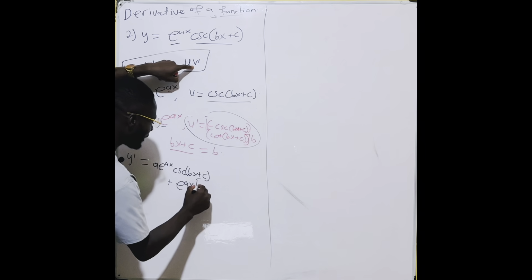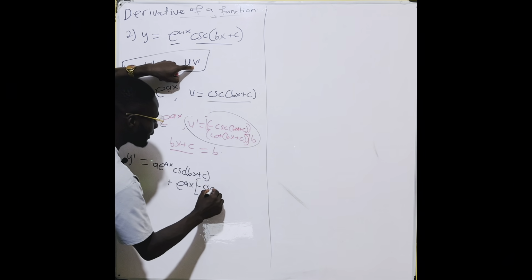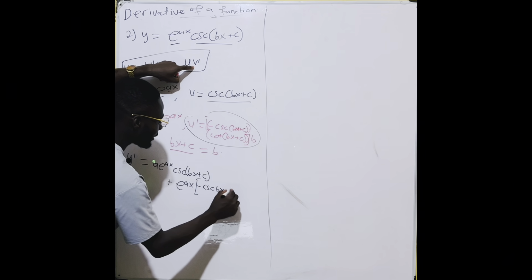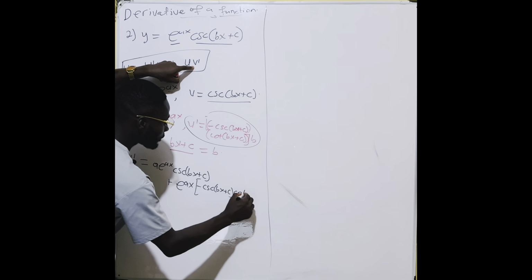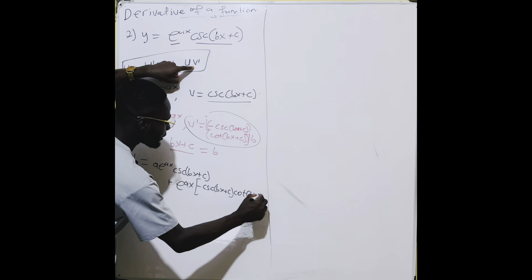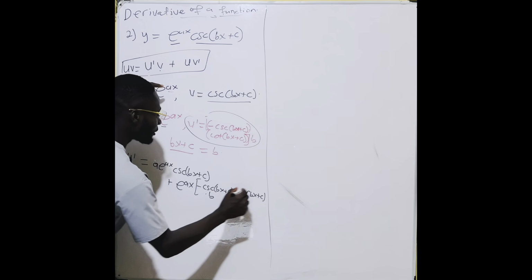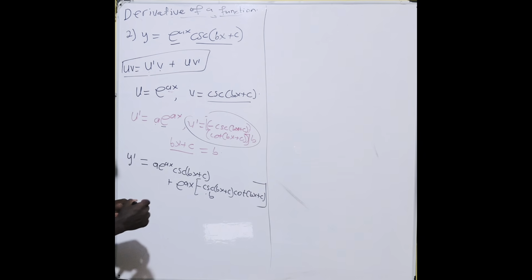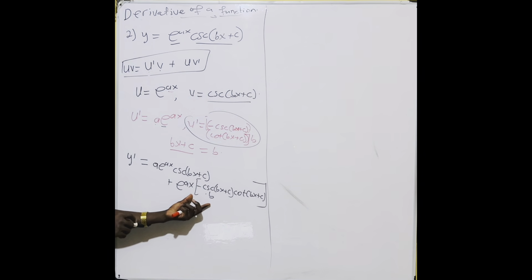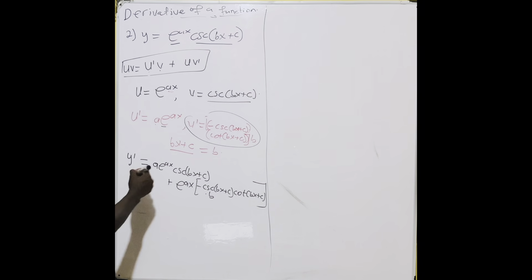So we have negative cosec bx plus c cot into bx plus c times b, right? So this is what we have. Let's try to simplify that.